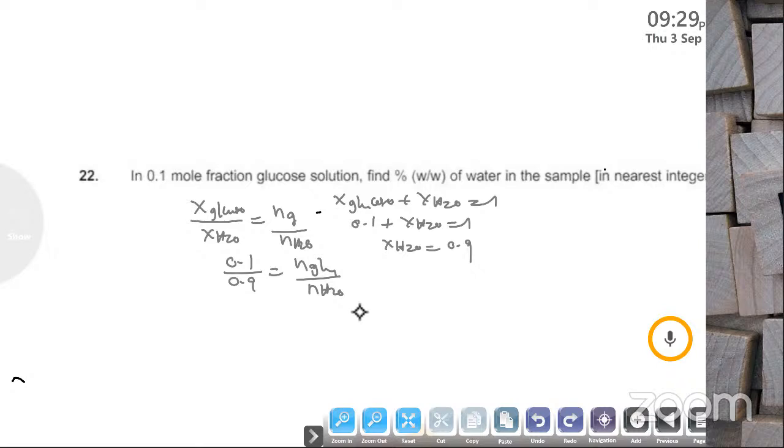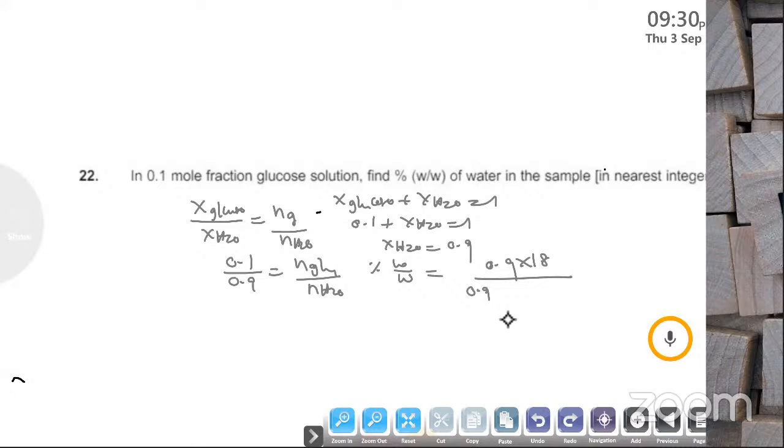In the sample, what is the sample here? The glucose solution. So now we need to calculate percentage weight by weight. The weight of the water: we calculated the moles, so moles into molecular weight, 0.9 into 18. What is the meaning of weight by weight?